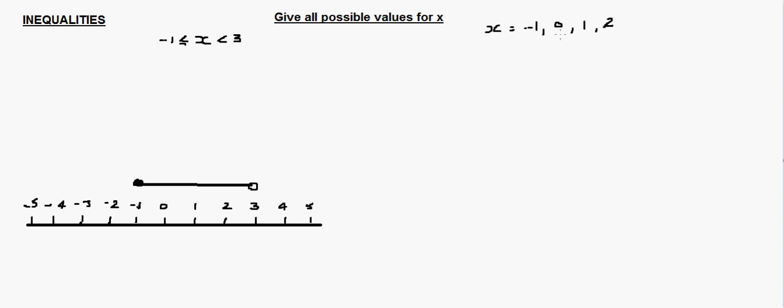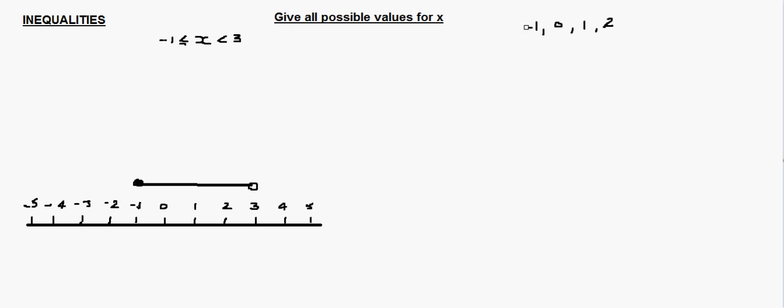So we can say that x could equal -1, 0, 1 or 2. Actually, being strictly correct, we can't say x equals that. We would say that x would have those possible values.